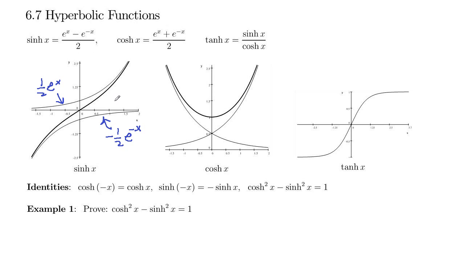I just brought the division by 2 out as a multiplication by 1/2. So for example, at 0, this is the y value for 1/2 e to the x, and then you've got a corresponding negative y value for minus 1/2 e to the negative x, and you add those two and they cancel out. Your y value of 0, which is the bold black line, is the y value on sinh.